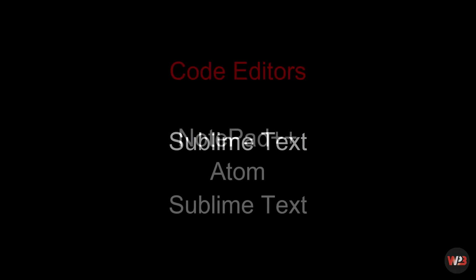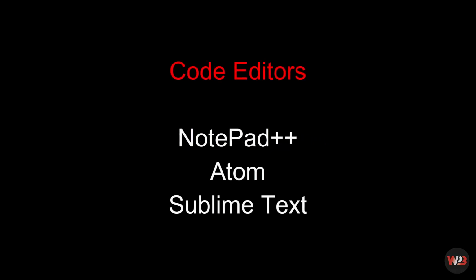As far as code editors go, there are many free ones out there, such as Notepad++, Atom, and Sublime Text. Feel free to use the one of your choice. I will be using Sublime Text in these tutorials. If you want to follow along, go to your browser and visit www.sublimetext.com/3.